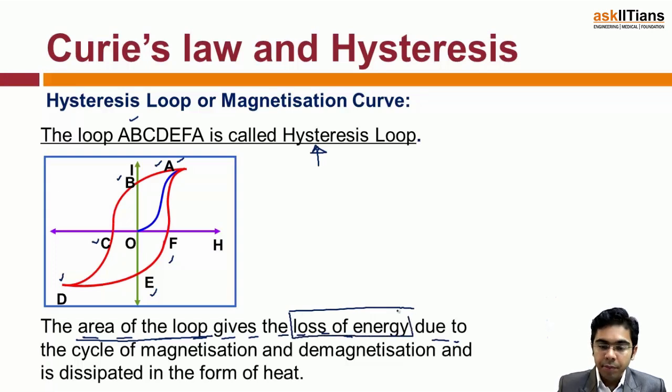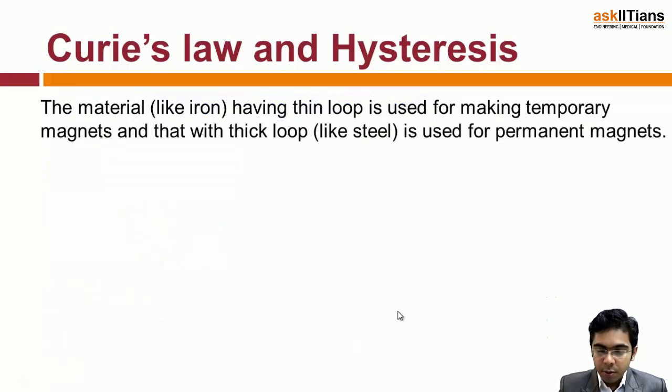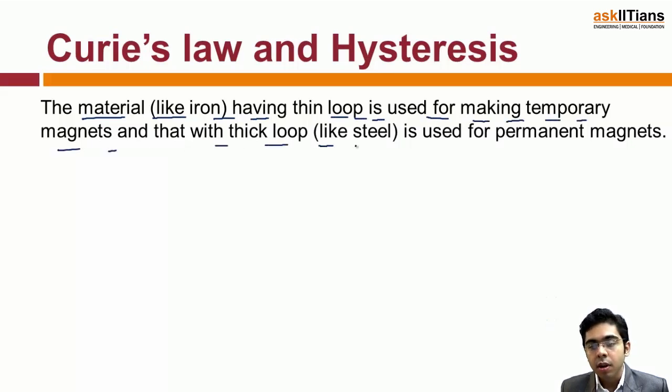Now let's proceed. Material like iron having a thin loop is used for making temporary magnets, and that with a thick loop, like steel, is used for making permanent magnets. We'll do this in detail just after this.